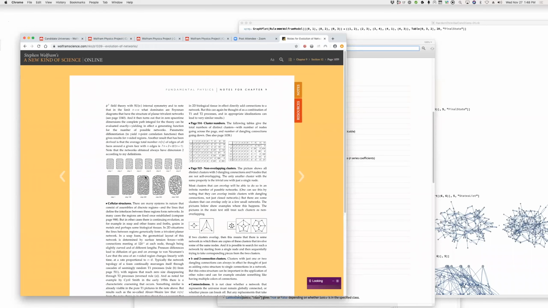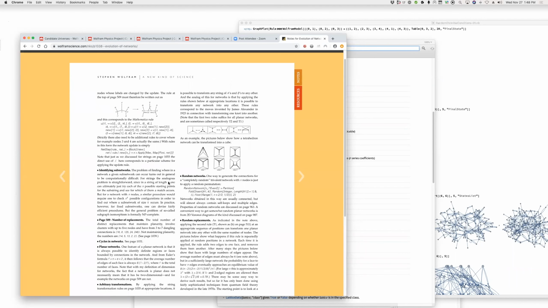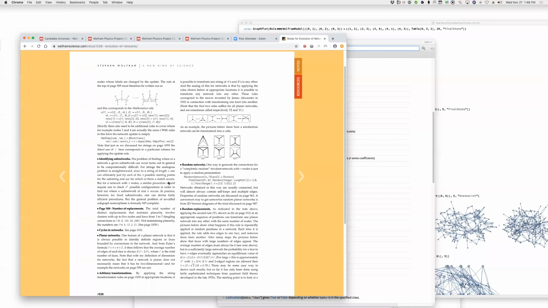There we go. Okay, chapter 9. See that picture there? That has the coarsening of a planar foam. One way to generate connections through a completely random trivalent network with n nodes is to apply a random permutation.